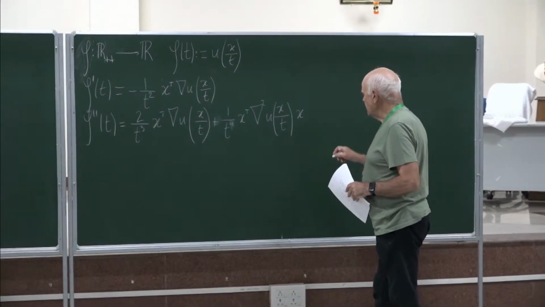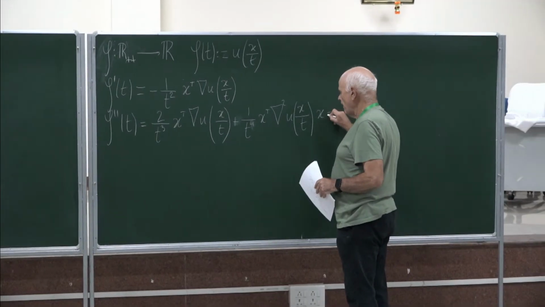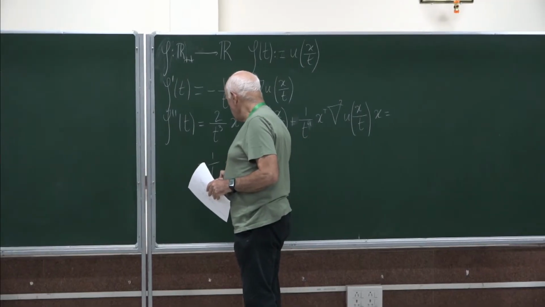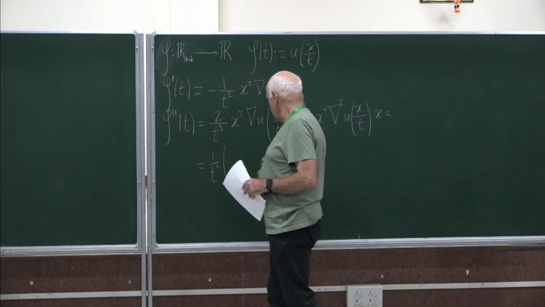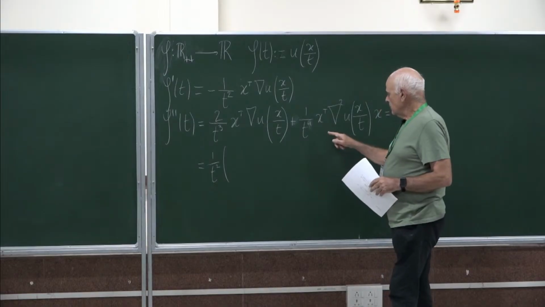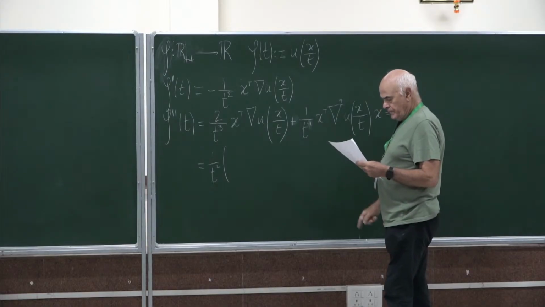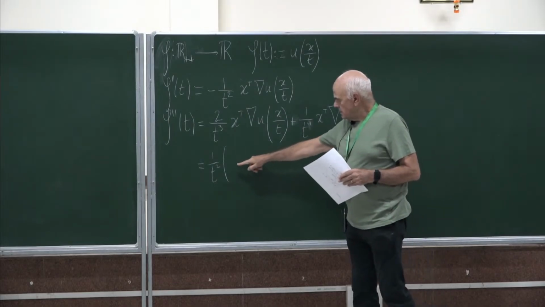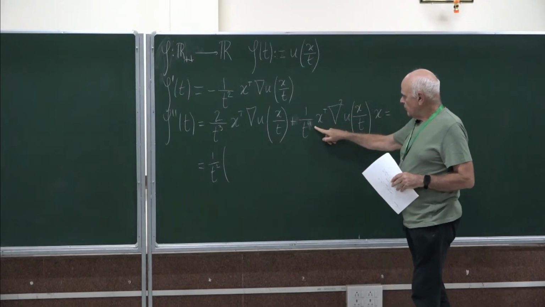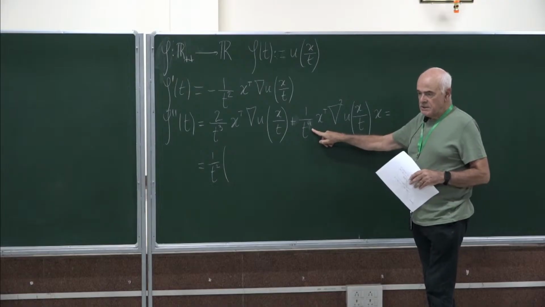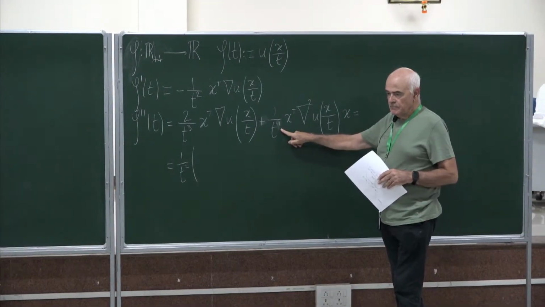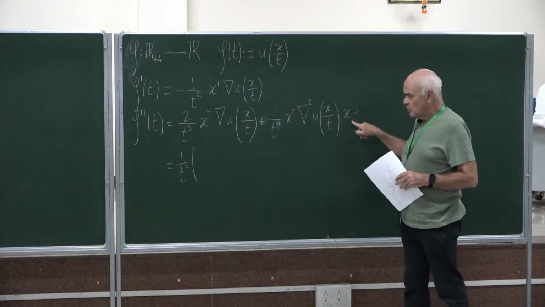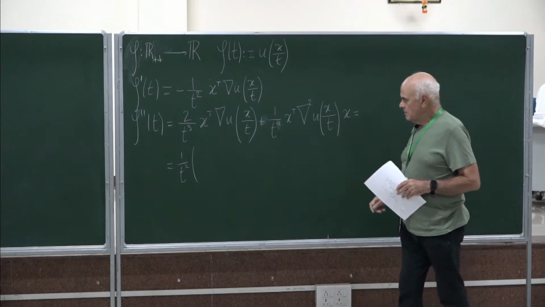And this can be written with 1 over t squared as a common factor. So I have taken 1 over t squared as a common factor. T squared is still left here. So this t squared, I put one t here and one t there. Okay?